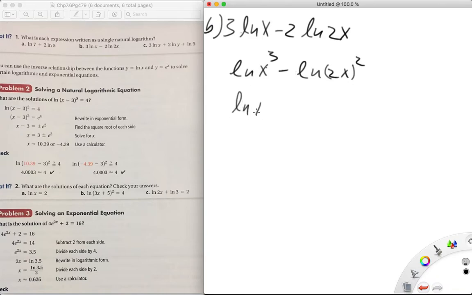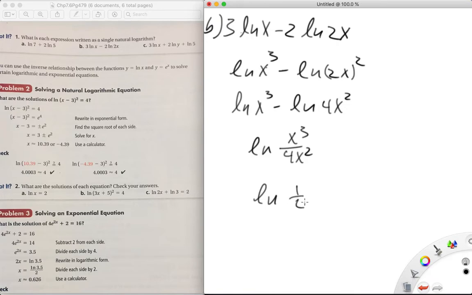So that's ln x to the third minus ln 4x squared, okay, which is ln x to the third divided by 4x squared. I can say x over 4.